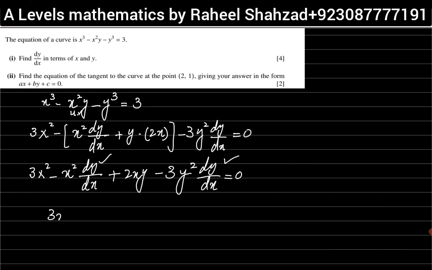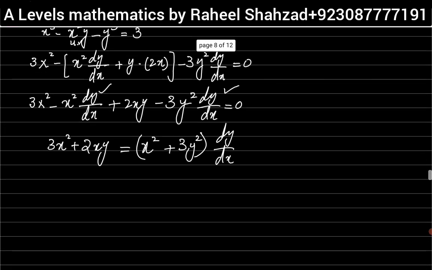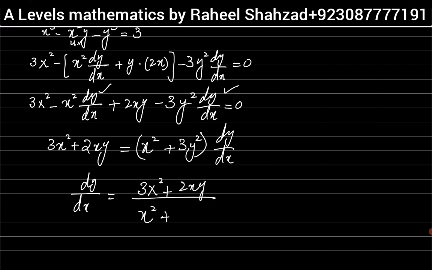So it is 3x square plus 2xy is equal to (x square plus 3y square) into dy by dx. So I have taken these two terms on the right hand side and taken dy by dx common as well. So dy by dx now becomes equal to (3x square plus 2xy) divided by (x square plus 3y square), right?